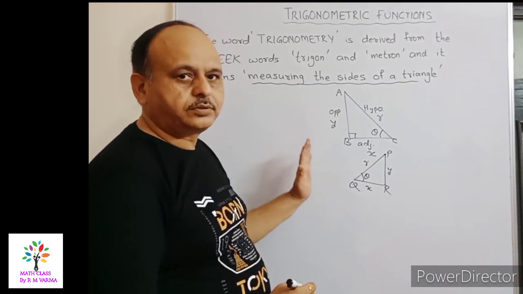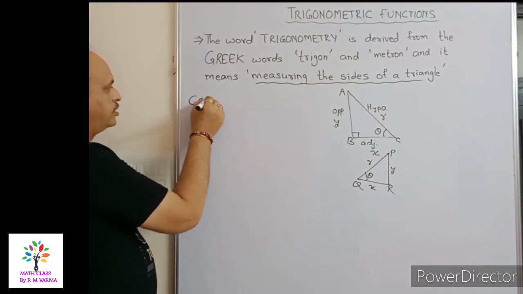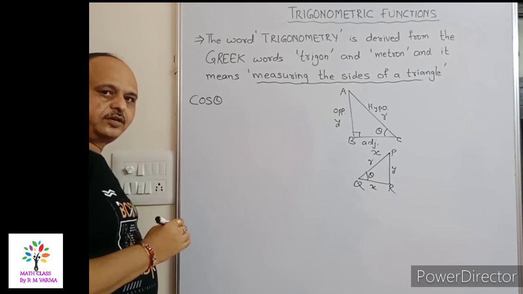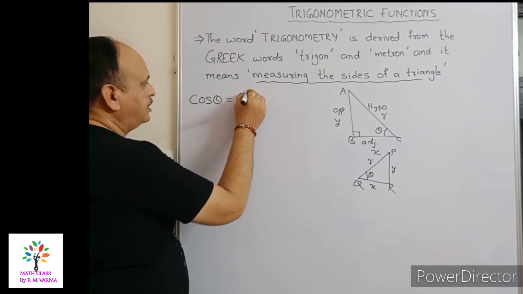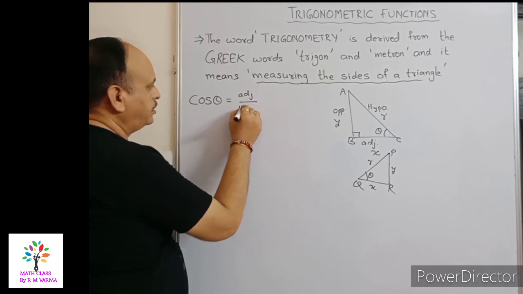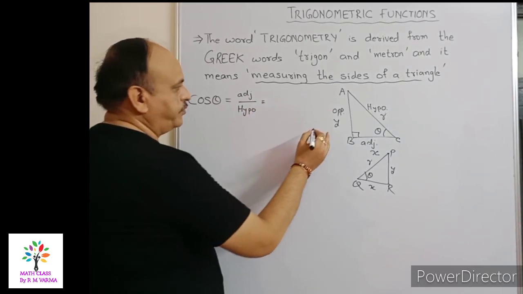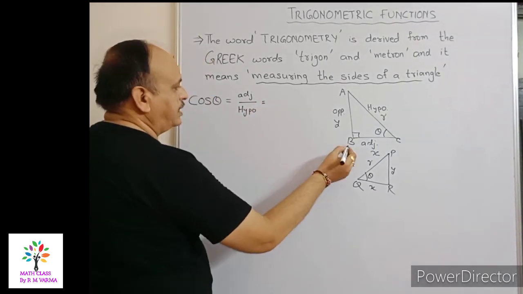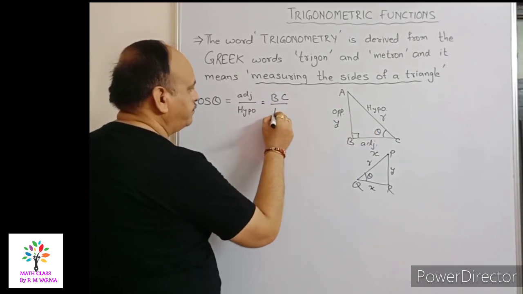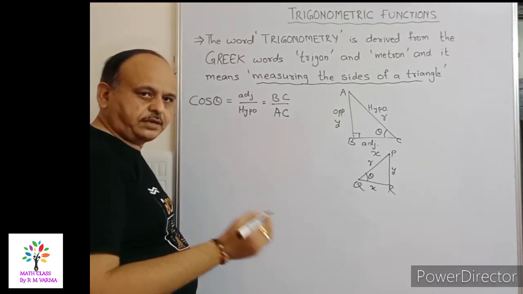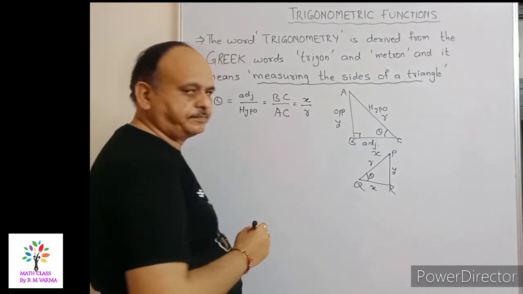So first we talk about trigonometric ratios. First ratio, I write as cosine theta, or in short cos theta. Cos theta is adjacent side upon hypotenuse, which with respect to triangle ABC, adjacent is BC and hypotenuse is AC, which can also be written as x upon r.